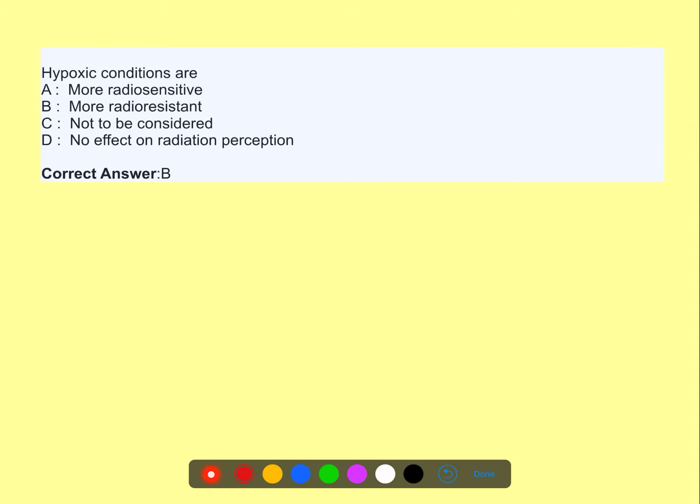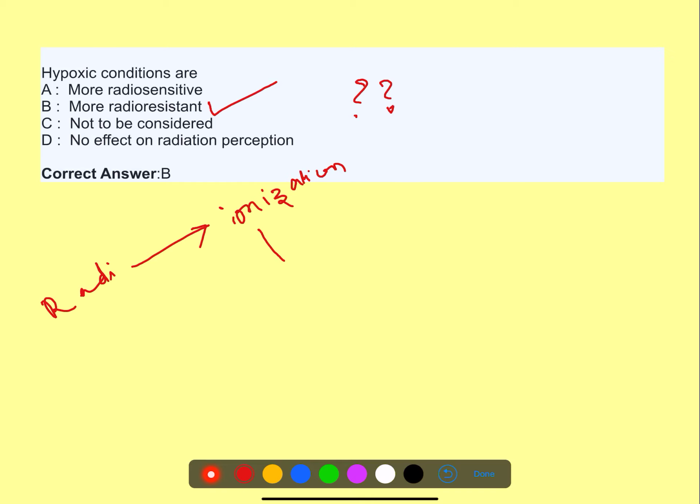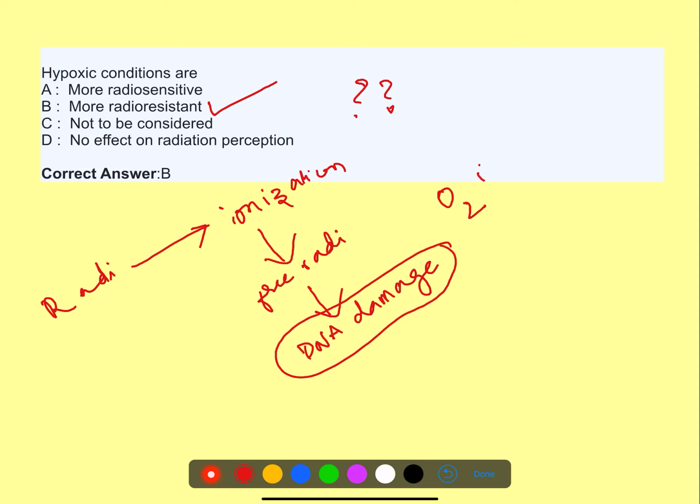Here the question is whether hypoxic conditions are radiosensitive or radioresistant. The option to be chosen is that they are more radioresistant. Why? Because generally radiation induces ionization, and this ionization causes free radical production, which in turn leads to DNA damage. For this DNA damage, oxygen is required.